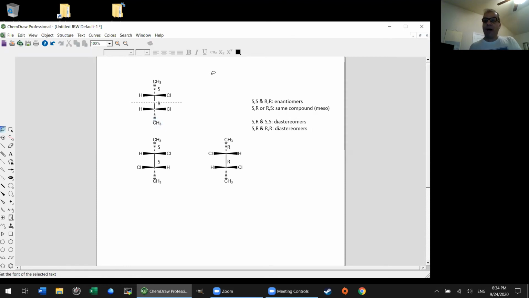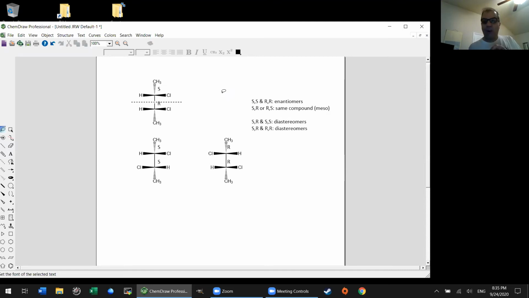Also, just a reminder, of course, let's not forget one of the trivial cases, when there's only 1 chiral carbon. And I often get asked, how can you know when you're going to have the possibility of diastereomers as opposed to just enantiomers? Well, if there's a compound with only 1 chiral carbon, 2 to the first power is, of course, 2. You just get 2 stereoisomers that will always be a pair of enantiomers.